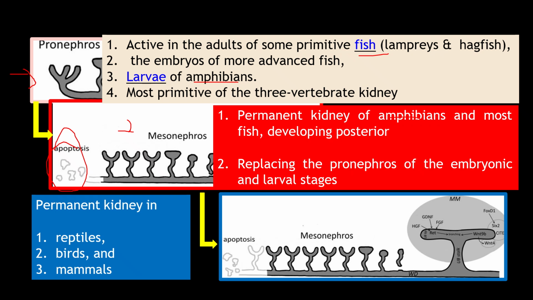And in the case of some reptiles, birds, and some mammals, they can keep some of the mesonephron, or in the case of some mammals, you can completely destroy it and keep this one, the metanephron. So there is a lot of variation, and it's very interesting to analyze these three different stages from an evolutionary perspective.